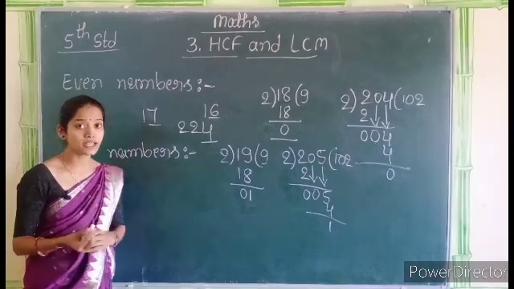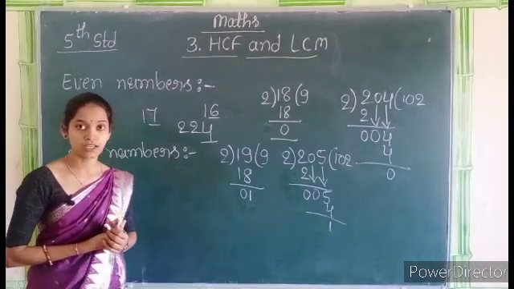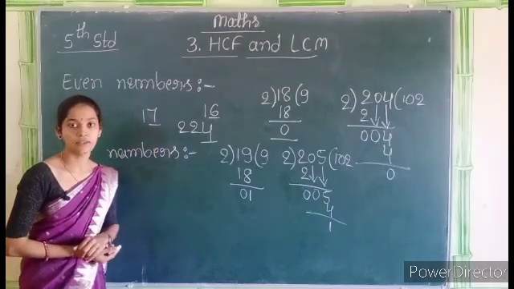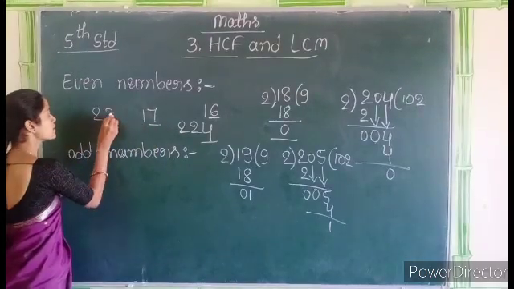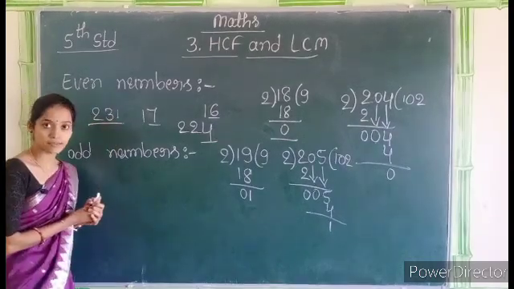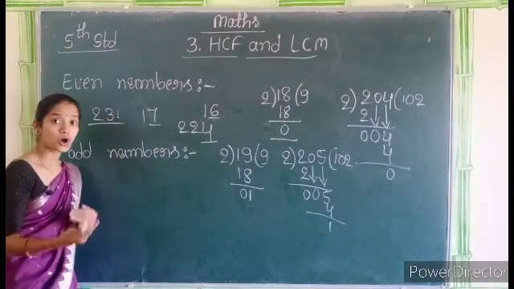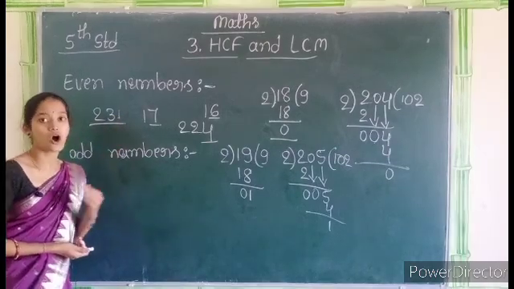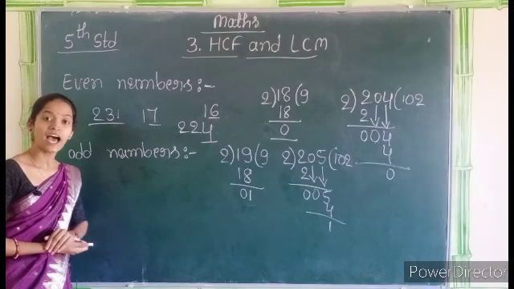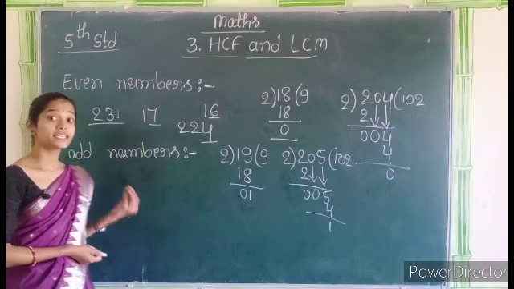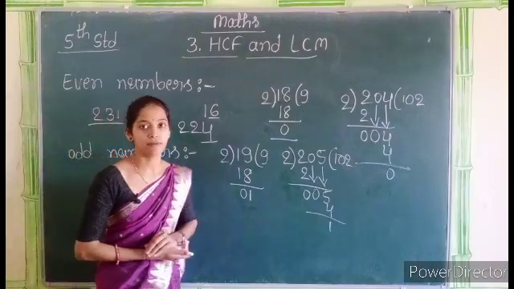This 7 is not directly divided by 2, so this 17 is an odd number. Then 231. 1 is in the ones place and this 1 is not divided by 2, so 231 is an odd number. Have you understood, students? Like this we can identify even numbers and odd numbers.